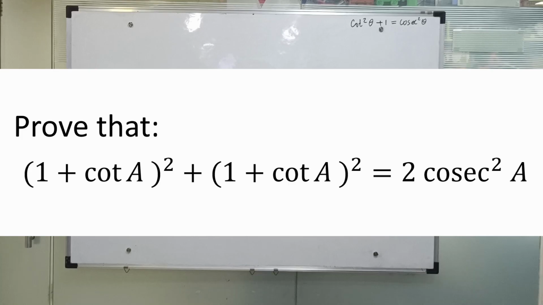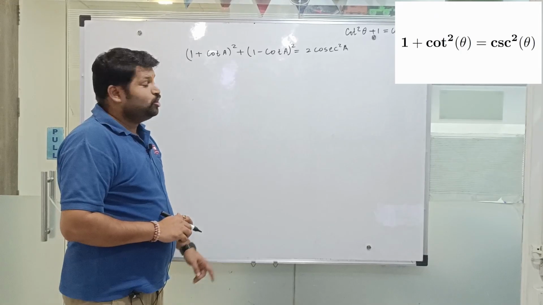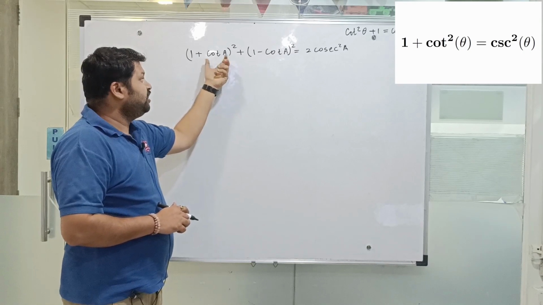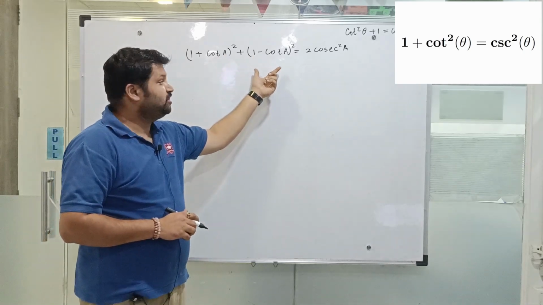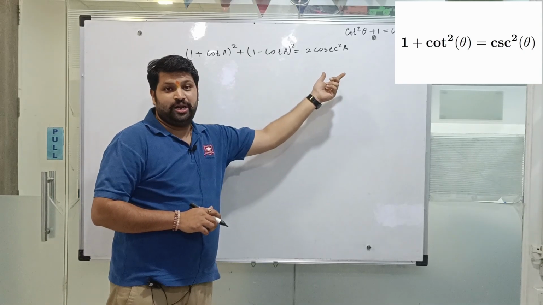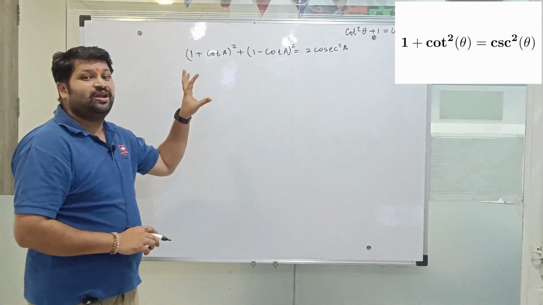The example is as follows: (1 plus cot A) whole square plus (1 minus cot A) whole square is equal to 2 cosec square A. Now let us see how we can solve this particular example. So we are going to start with our left hand side.